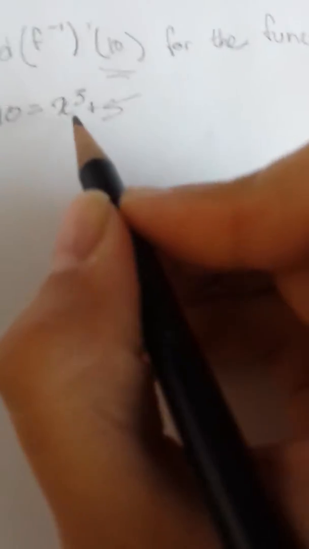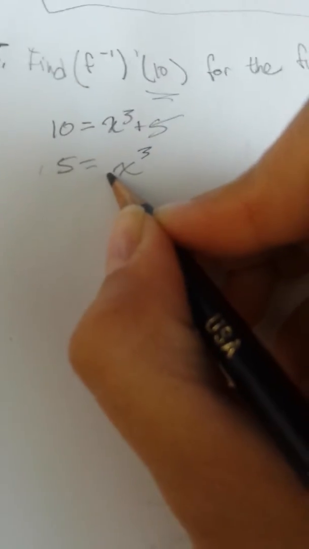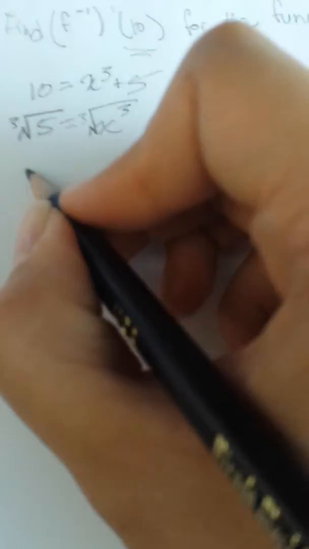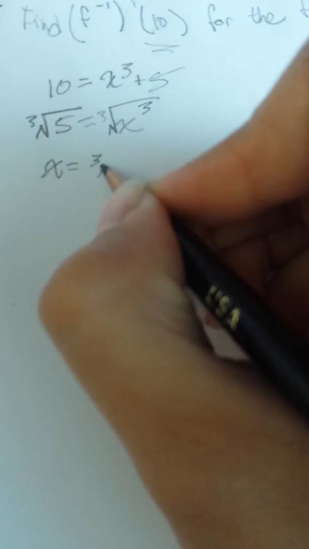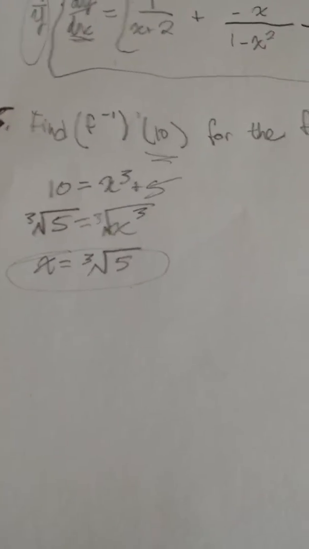So what you do is subtract 5 from both sides, so 10 minus 5 is 5, which is equal to x cubed, and then you take the cube root. x is equal to cube root of 5. Okay, so now that you have your x, you're going to use this to find the inverse of this equation.